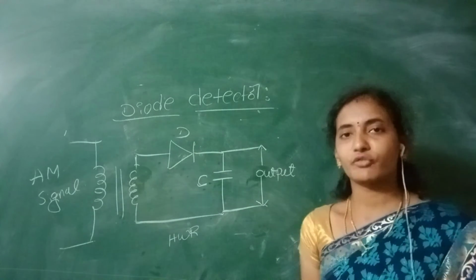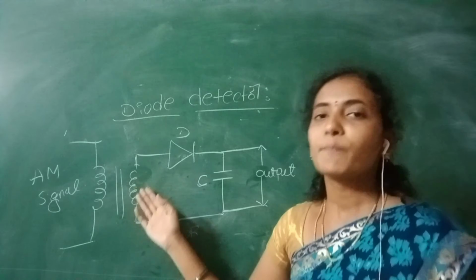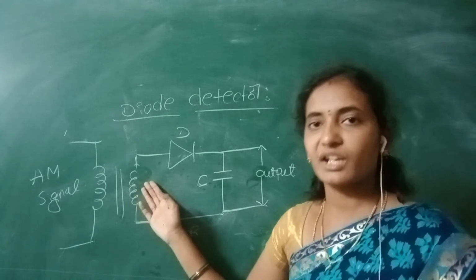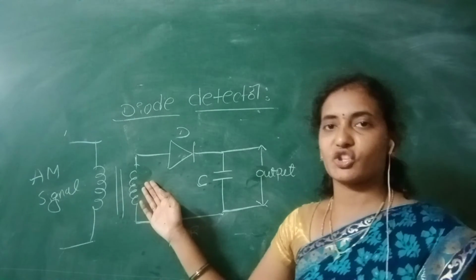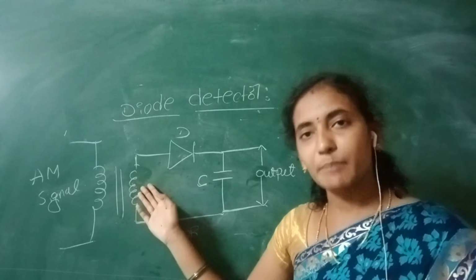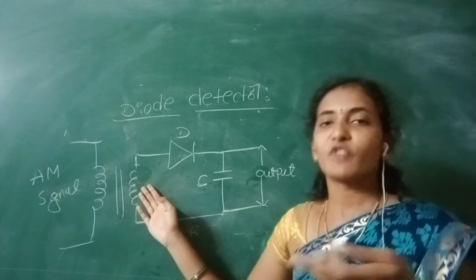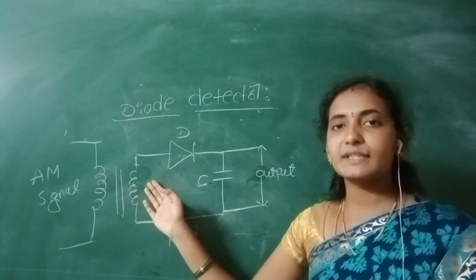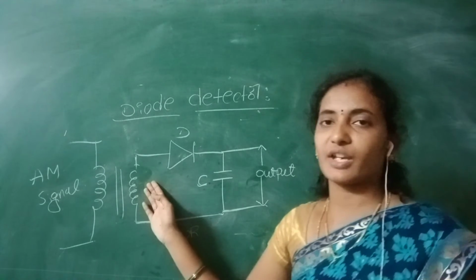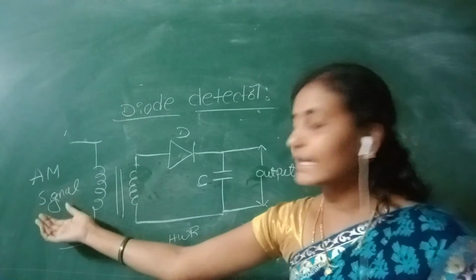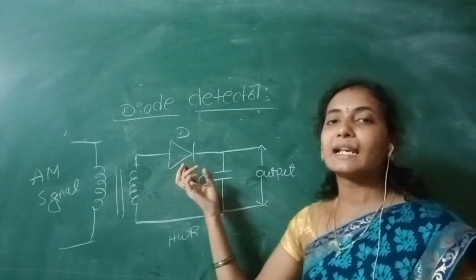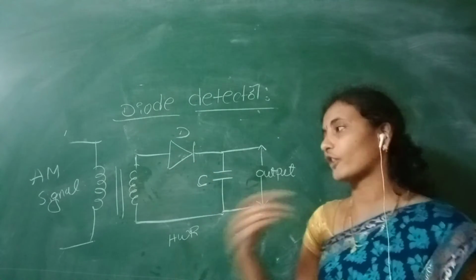Half wave rectifier means it performs only in the forward direction for a positive signal. For a negative signal it is in reverse direction. So from this AM signal, a single diode works like a half wave rectifier.